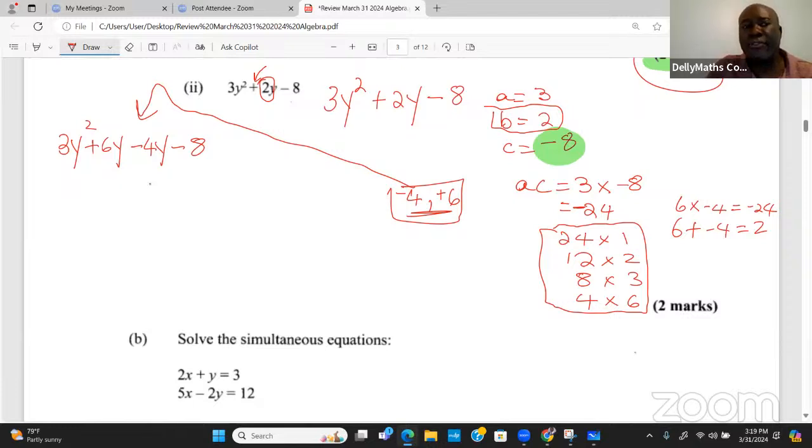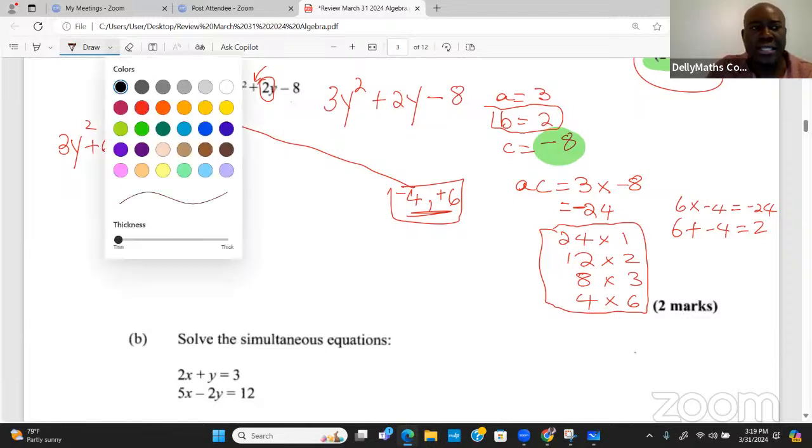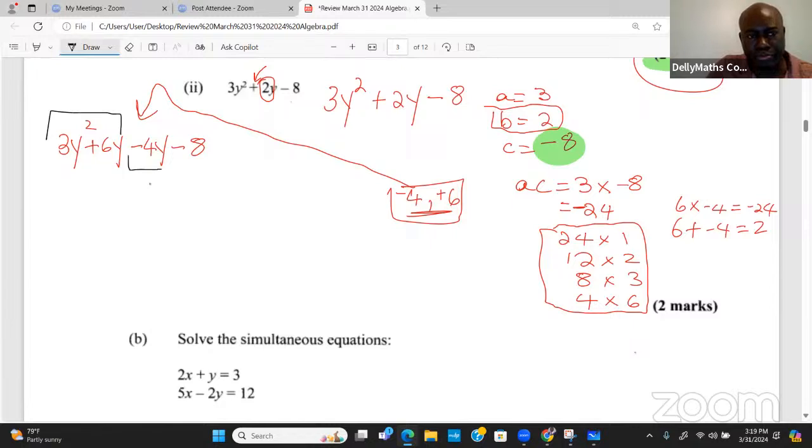So now that I have 4 terms, I'm going to have to group them, because we're going to factorize now by grouping. The aim of the AC method is to get 4 terms so that we could lend ourselves to factorizing by the grouping method.